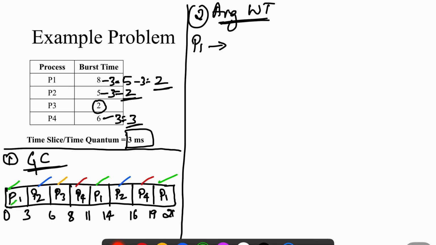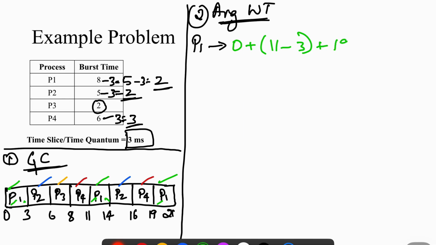So what I will do is, let me just consider the first occurrence 0, plus the second occurrence's start minus the ending time of the first occurrence, 11 minus 3. This has 3 occurrences, so I'll go one more time. Third occurrence's starting time minus the second occurrence's ending time.